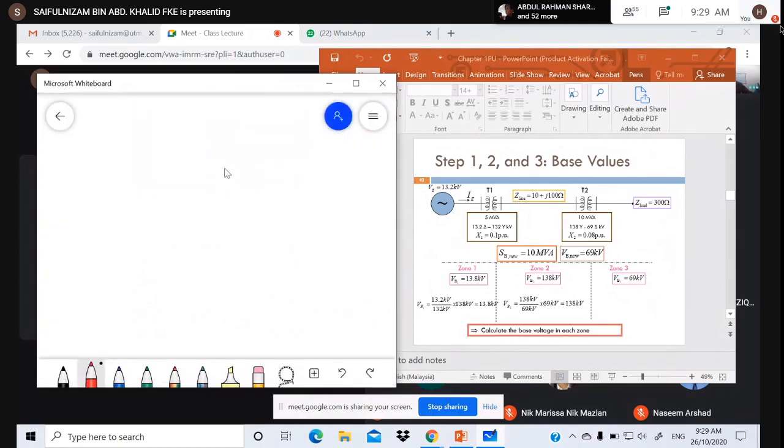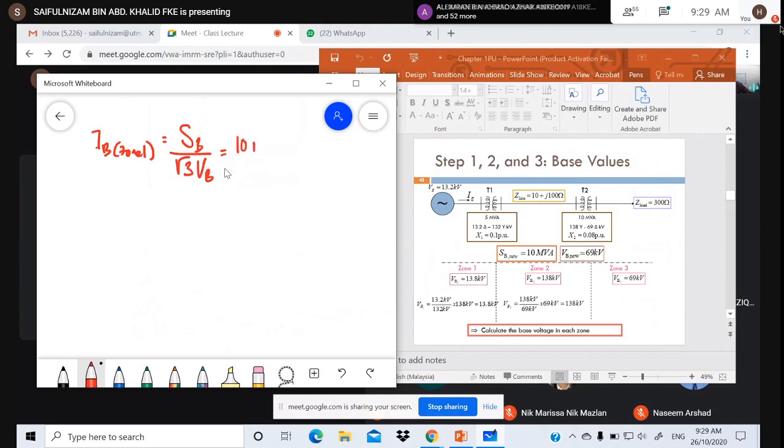For example, I base zone 1. Remember, I base equals S base divided by root 3 times V base, right? It's a line-to-line voltage, that's why we have this factor root 3. It's a three-phase power. So what is S base?